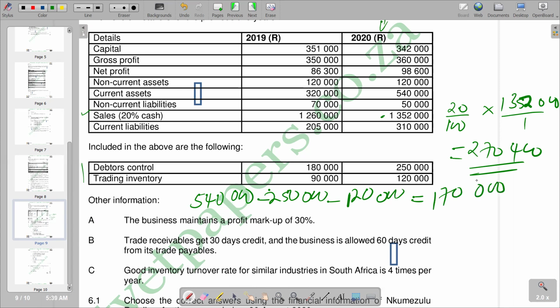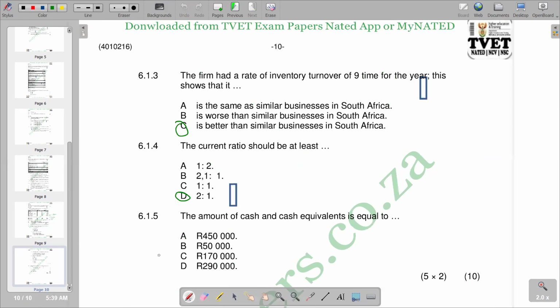So this is the answer that we are going to check against the other options, whether we have 170,000. We are seeing that we are having it at C. So C is the correct answer that we have there. So we can just indicate our C. So this is what we have in terms of the multiple choice section.